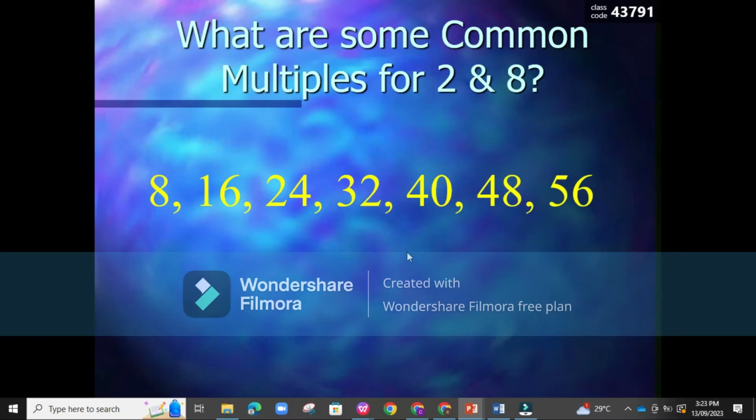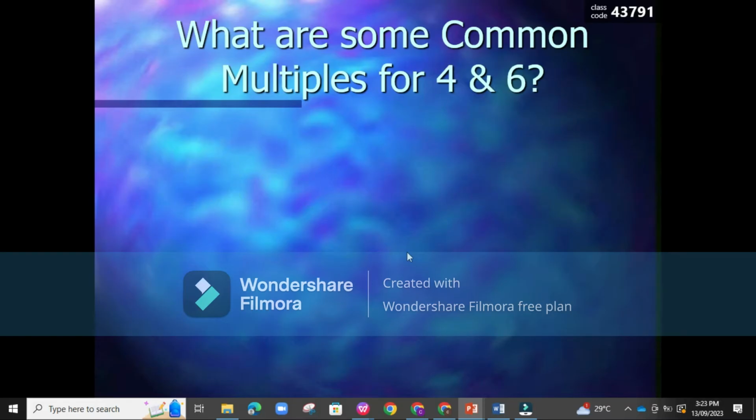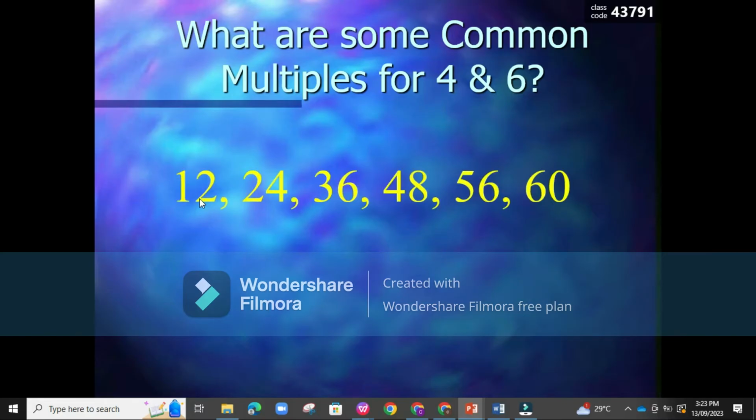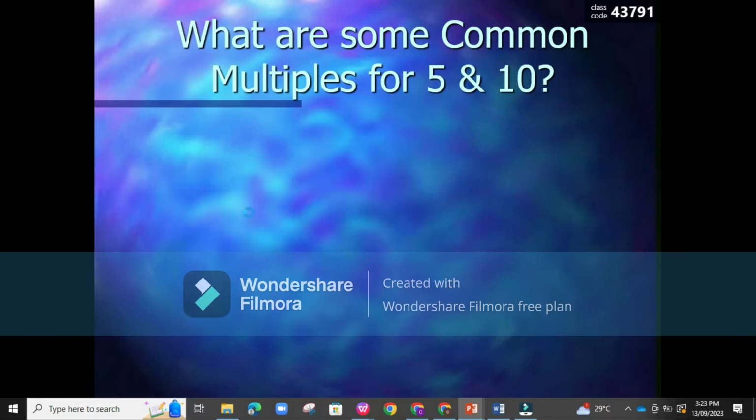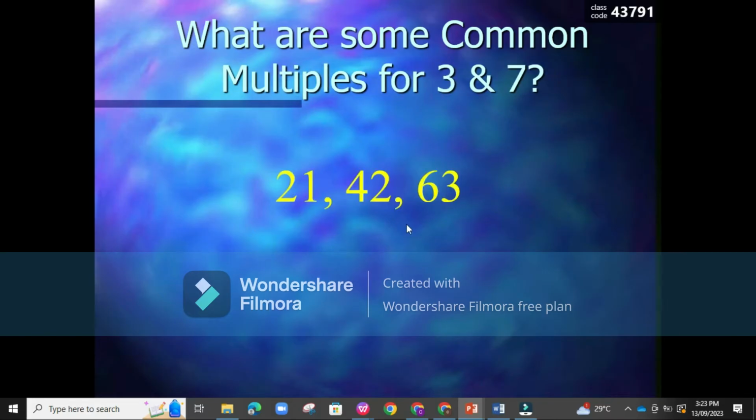How about common multiples of 4 and 6? We have 12, 24, 36, 48, and 60. Again, this set of numbers is exactly divisible by both 4 and 6. What about common multiples of 3 and 7? We have 21, 42, and 63.